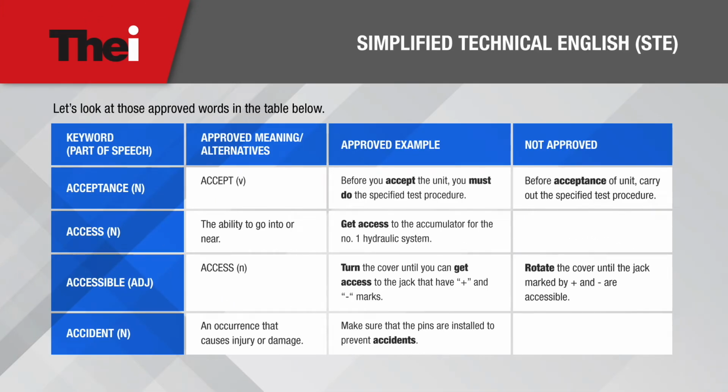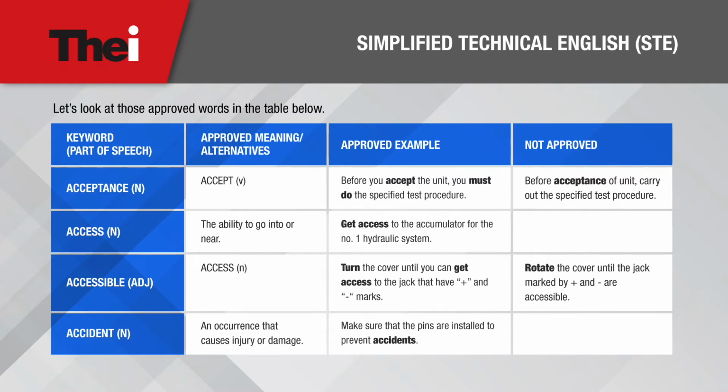Let's look at those approved words in the table below. The table has been extracted from the dictionary of the ASD STE 100 specification. As can be seen, there are 4 columns called Keyword, Approved Meaning or Alternatives, Approved Sample, and the 4th column is called Not Approved.